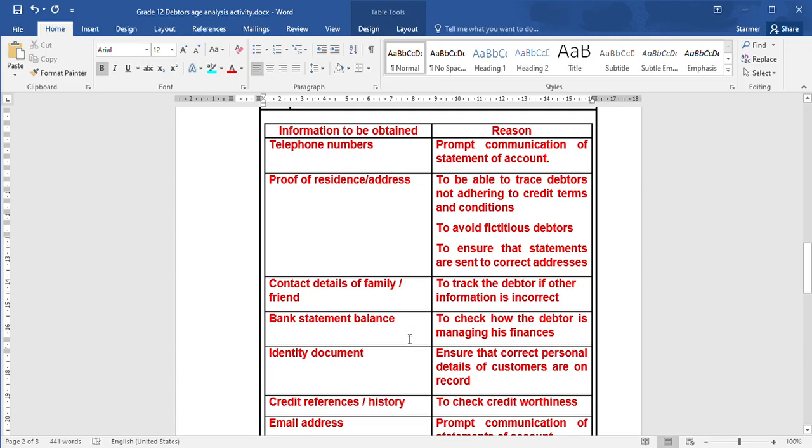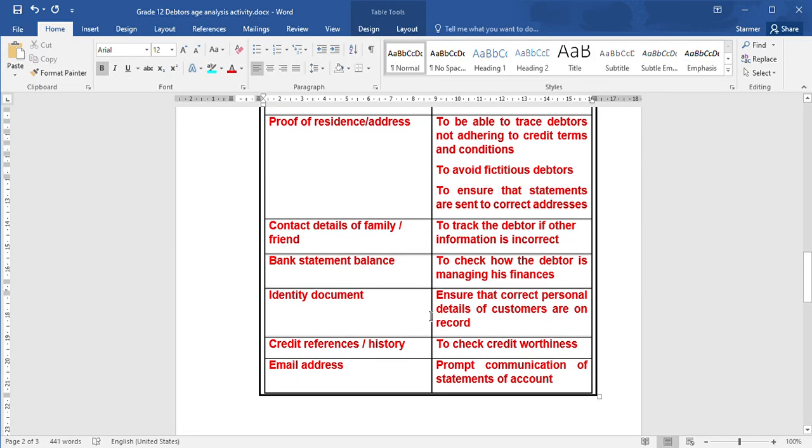We look at a debtor's bank statement balance to see how he's managing the finance. Is he going to be able to pay you back or not? ID document to make sure that the correct personal details of the customer are on record, so you have the proper information for each debtor. Credit references or history, that you check the credit worthiness of the debtor.